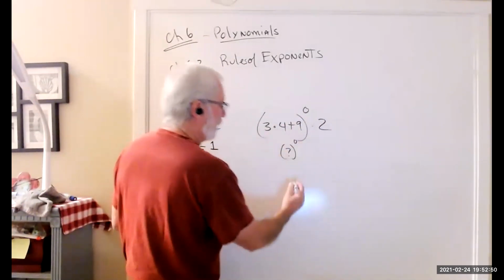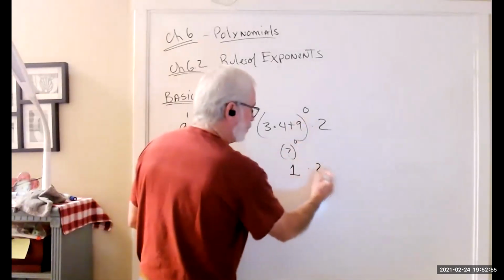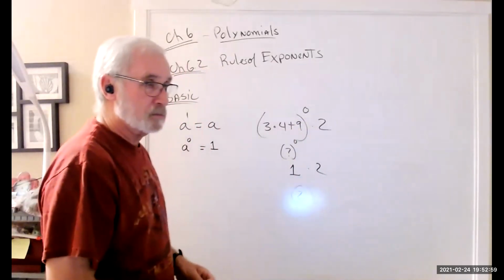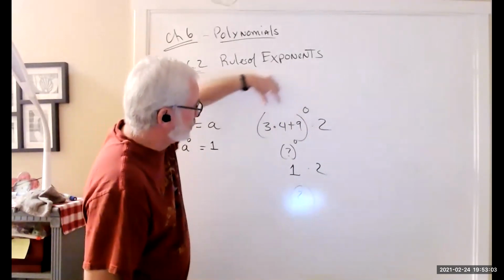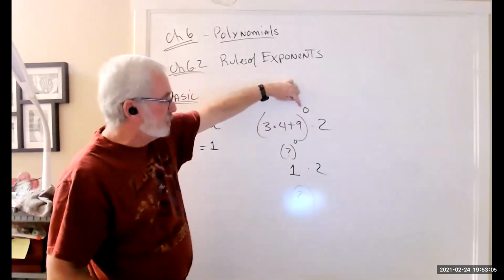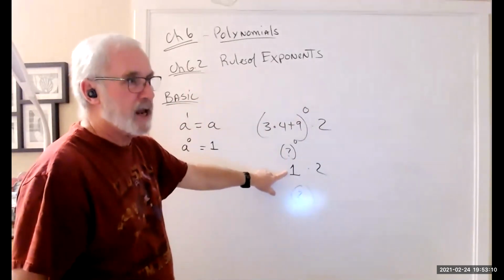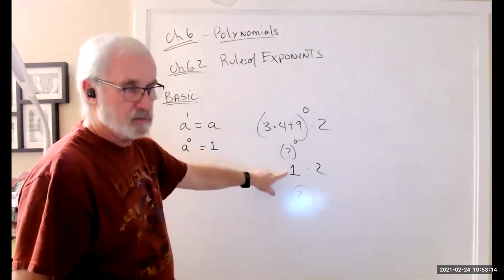Anything to the 0 power is 1 times this 2 that was out here. Final answer for this particular example is 2. But anything, any quantity raised to the 0 power is automatically 1. You don't even have to do the work. You can just say it's 1.